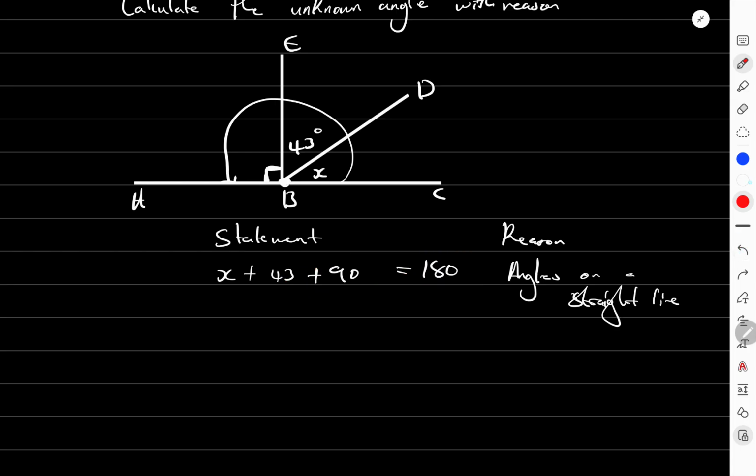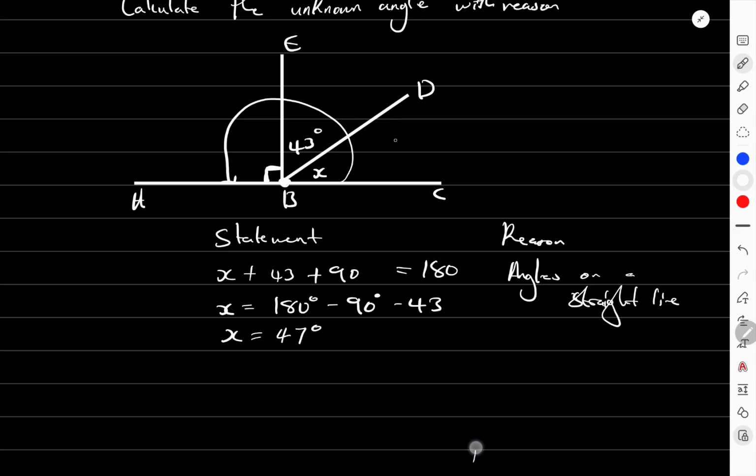I can simply say X equals 180 degrees minus 90 degrees minus 43 degrees, because the 43 was positive on the left hand side, therefore it's going to be negative on the right hand side. So X equals 180 minus 90 minus 43. I'm going to realize that X is going to be 47 degrees.